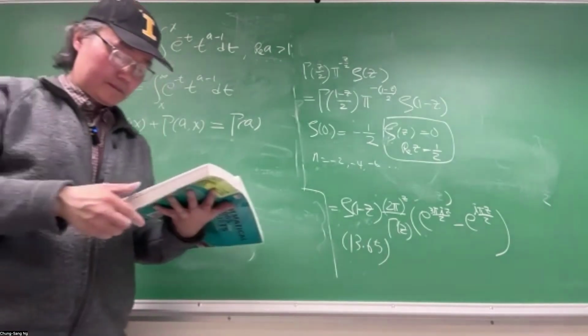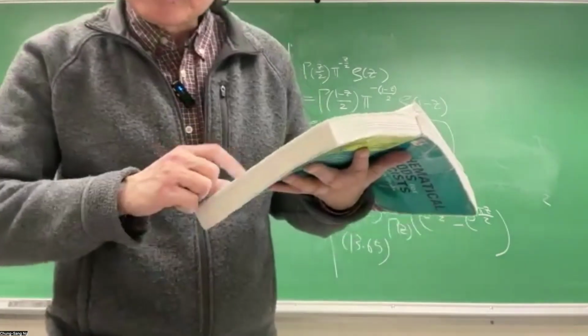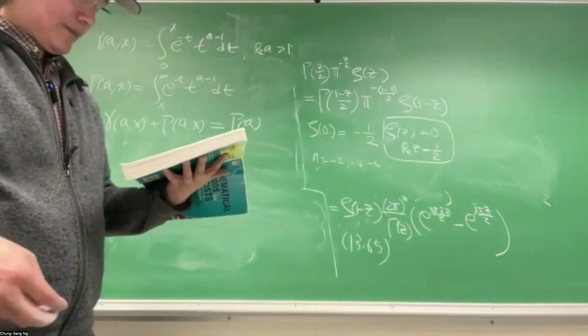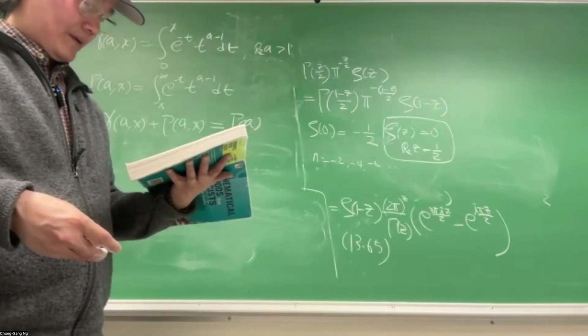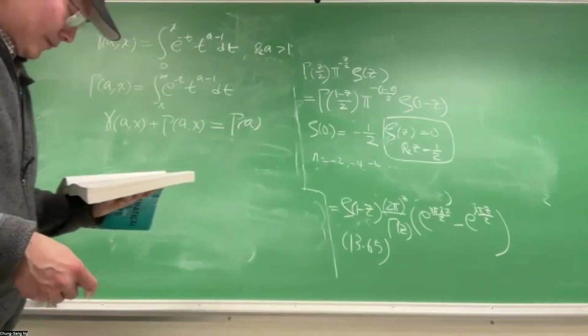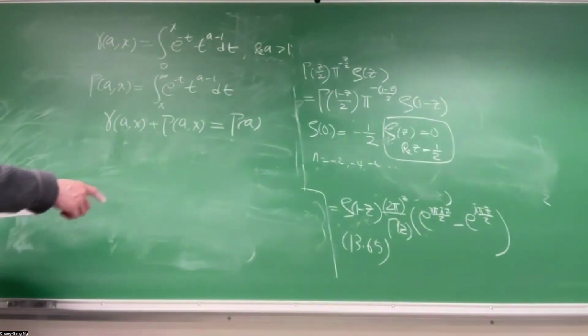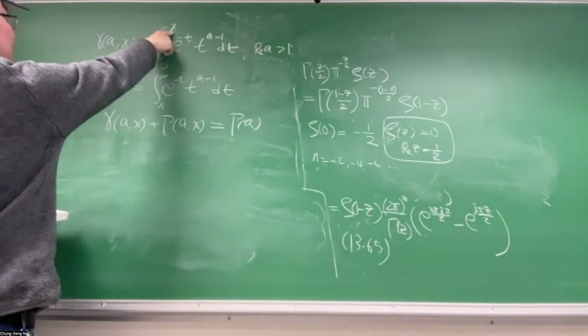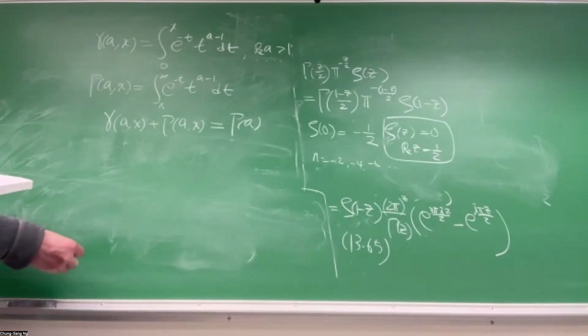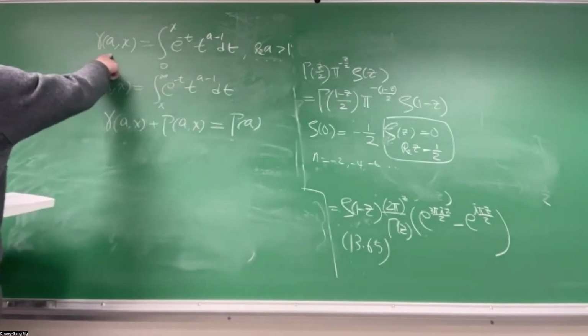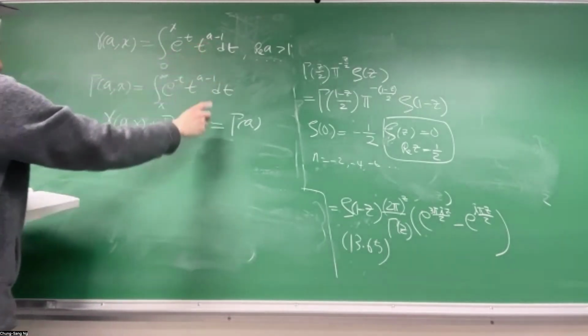Right, and again, there are many properties you can derive. One property is, by some integration by parts, because you have a variable x in the limit, you keep doing integration by parts, then you get a series in x. But that requires that a is an integer.